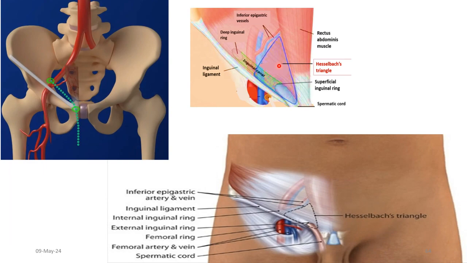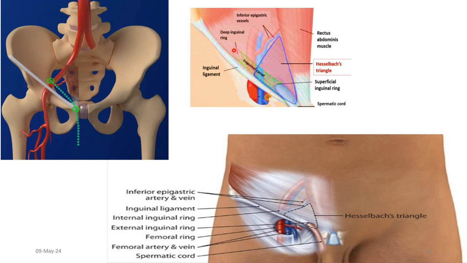But for our indirect hernias, herniations are not going to go through this weak area. The herniations are going to go through the deep inguinal ring, through the canal, then through the superficial inguinal ring to enter the scrotum in men, or the labia majora in women.